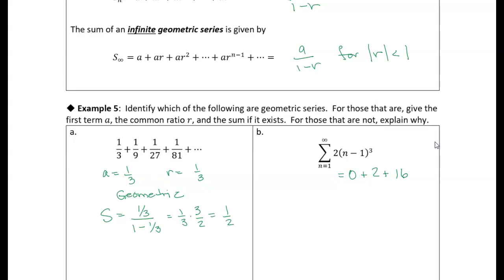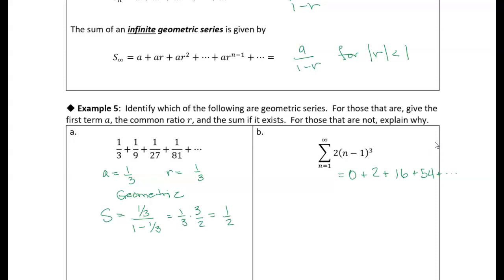All right, so you can see first of all that it's certainly not going to 0. It keeps getting bigger. The next term is 54, and it just keeps going on. Now, we can have a geometric sequence that doesn't converge, right? That diverges. But the key thing is that we need a common ratio.